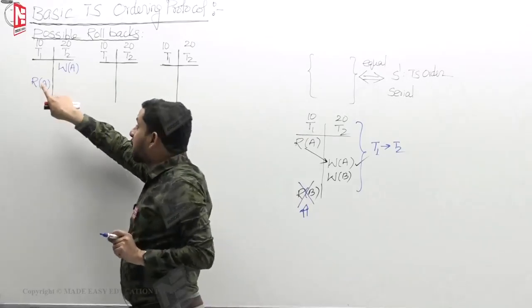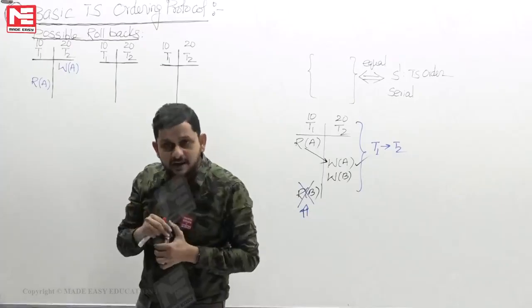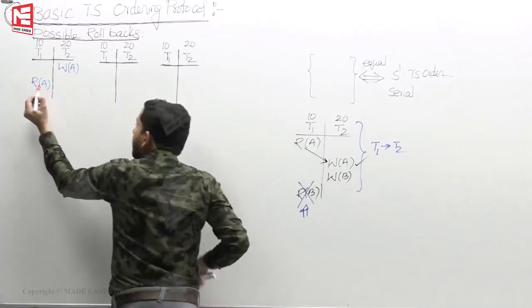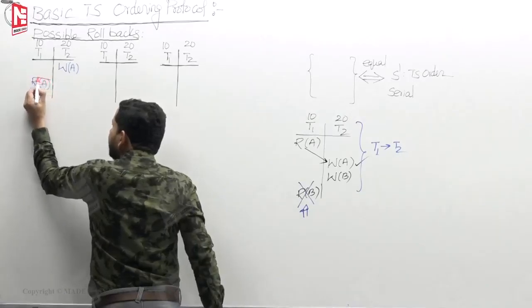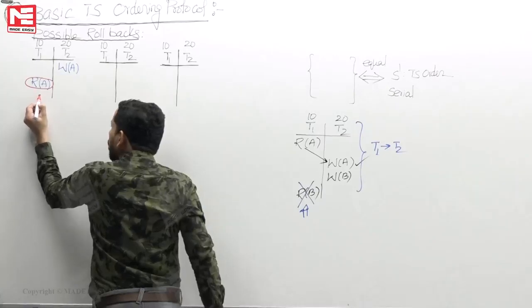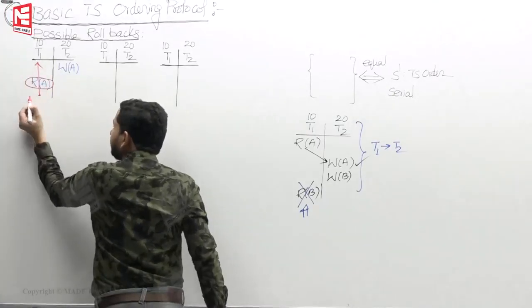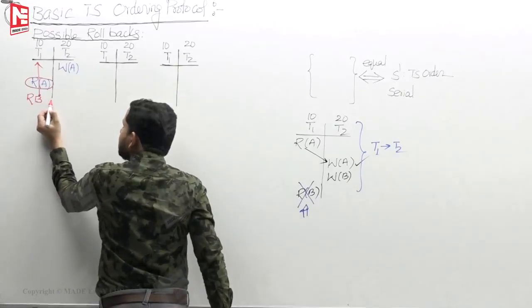The reason is, if we allow it, this concurrent execution is not equal to the serial based on timestamp order. So this read request of T1 is not allowed, and the transaction is rolled back. Rollback transaction T1.